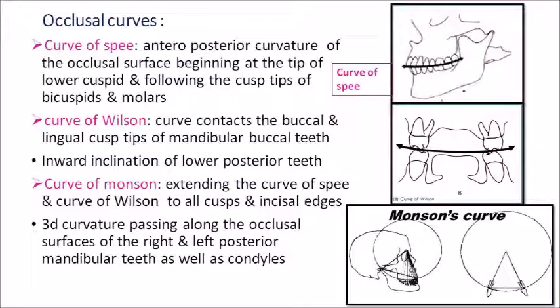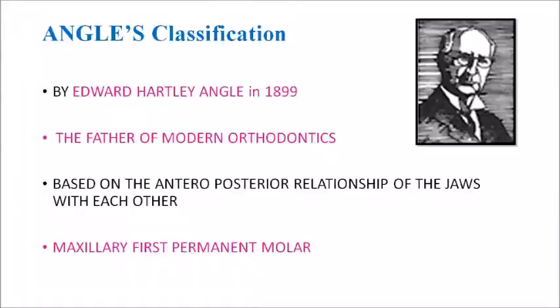Please look at the picture. We can see that it is made by extending the curve of Spee and curve of Wilson to all the teeth, that is all anterior and posterior teeth. Now we have seen the 6 keys of occlusion and the occlusal curves.